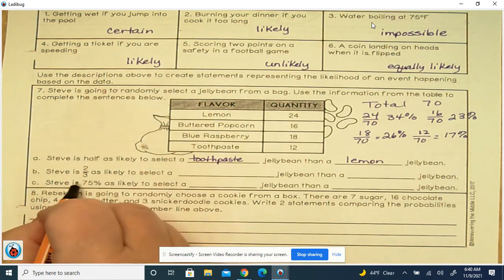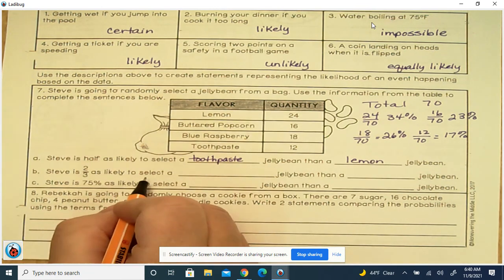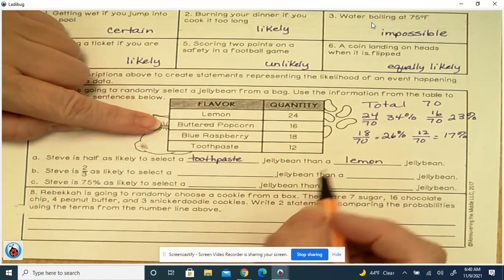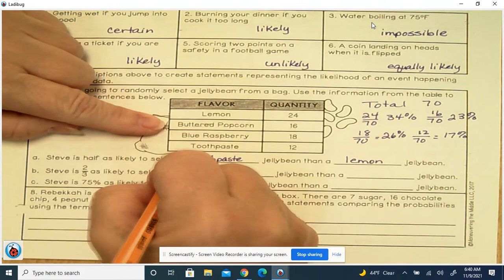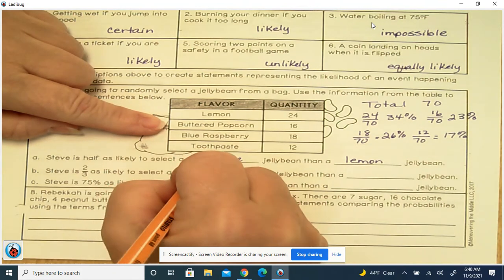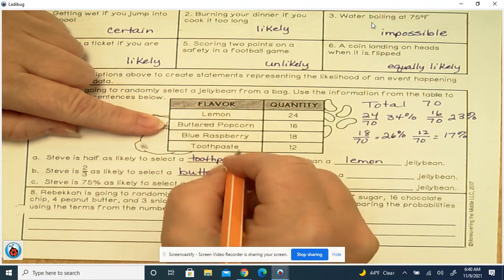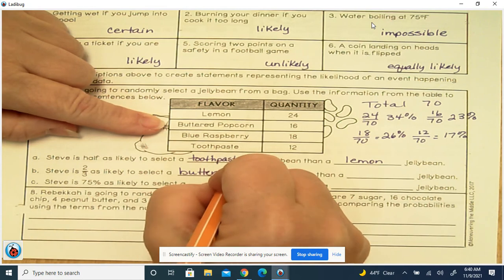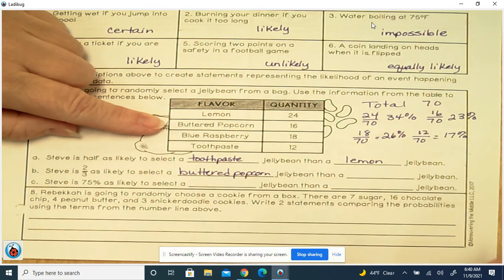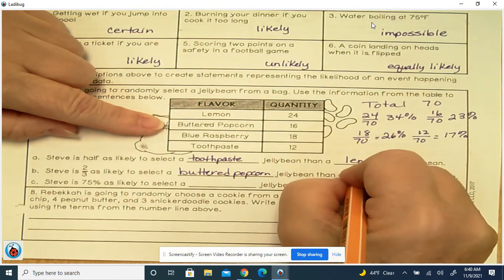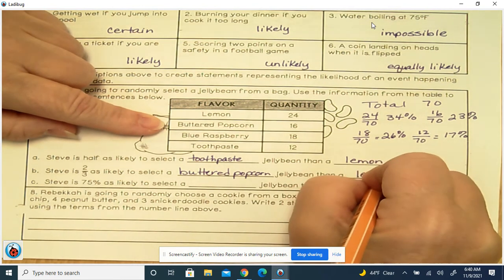Steve is 2/3 as likely to select a buttered popcorn jelly bean than a lemon jelly bean.